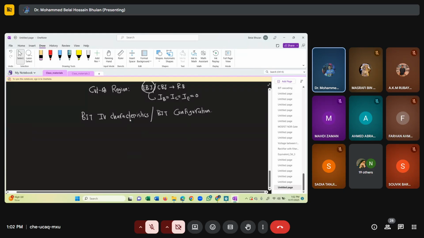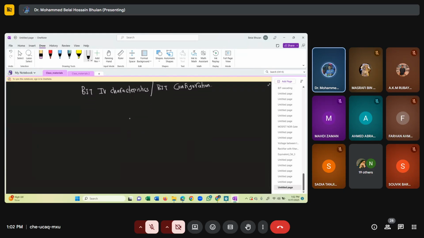For example, if you consider a diode, so let's say we have got a diode. And the current through the diode is ID. The voltage across the diode is VD. And then we know what is the IV relationship?